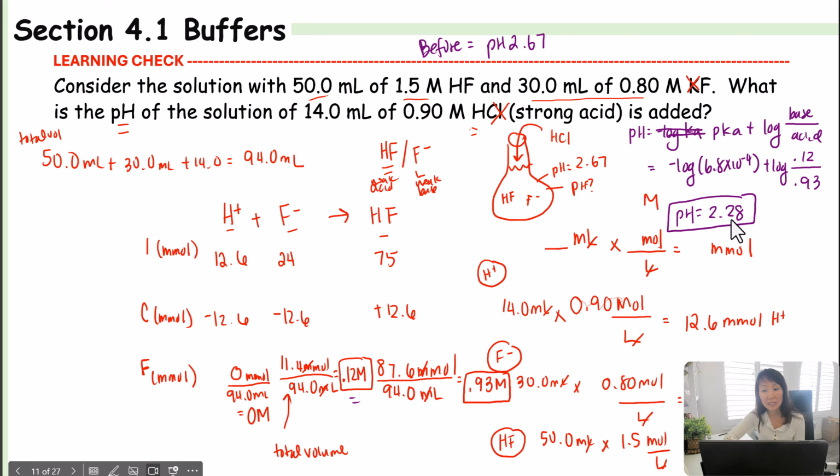So you can see that there was a slight drop, but not significant. When you add a strong acid, it drops like 2, 1, 0 very quickly, but you can see that with this small amount of acid being added, the pH change was very minimal.